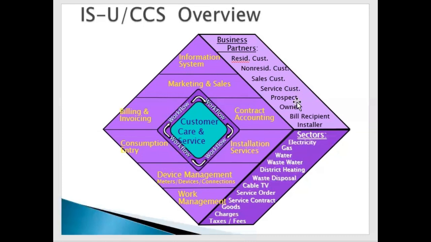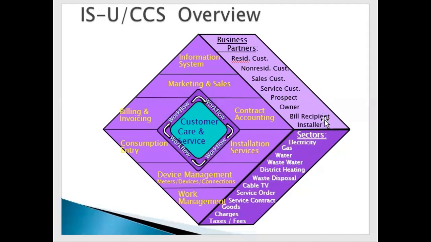Sales customers are vendors, like they sell the stuff to other people. Service customers are who provide these services. A prospect just inquires about becoming a customer, but is still not a customer. They are just inquiring for the services.